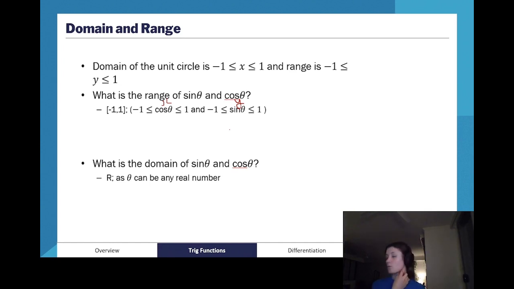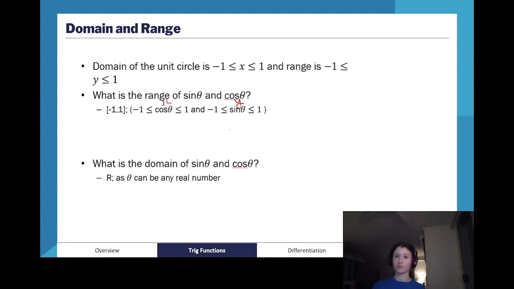So, what is the domain of sine and cos? It can be anything, any real number at all, right? And this is because theta, your angle, can be anything at all. You can have whatever angle you'd like. It can be positive, it can be negative, it can be -1,000,000, and that is still possible.